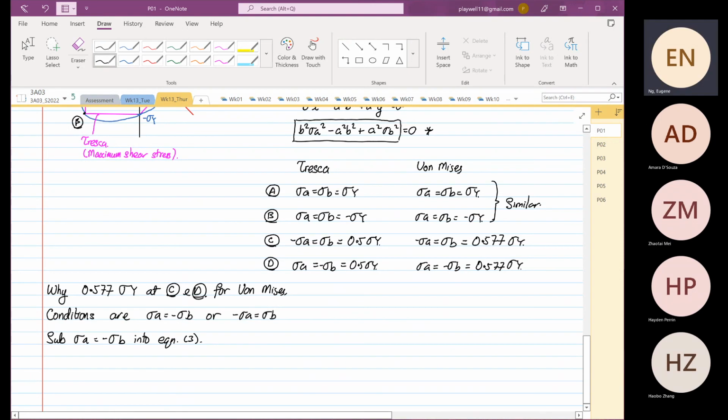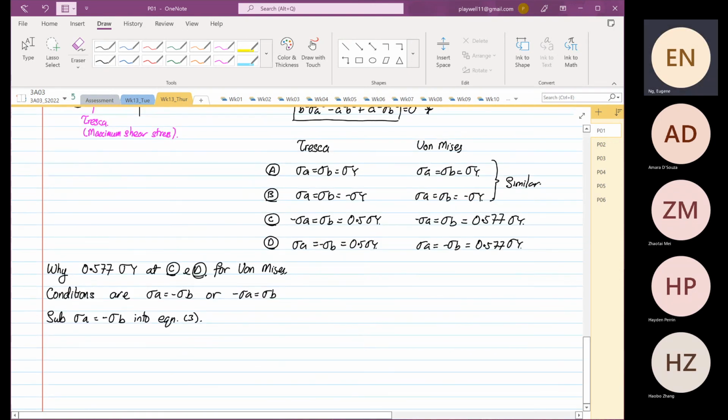So equation number 3, let me write this out, is sigma A squared minus sigma A sigma B plus sigma B squared, and this is equal to sigma U squared. Okay. So the one I'm going to substitute, I will do the other way, I do apologize, where we have sigma B is equal to minus sigma A. Okay.